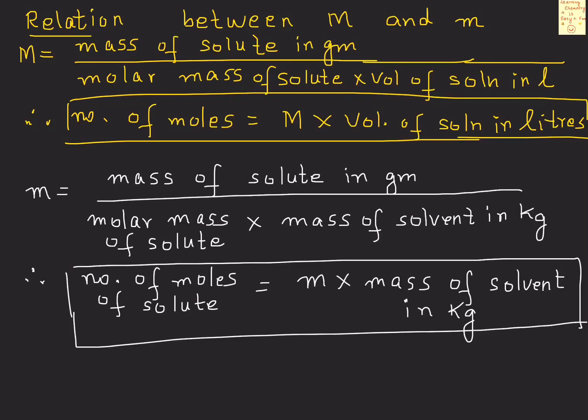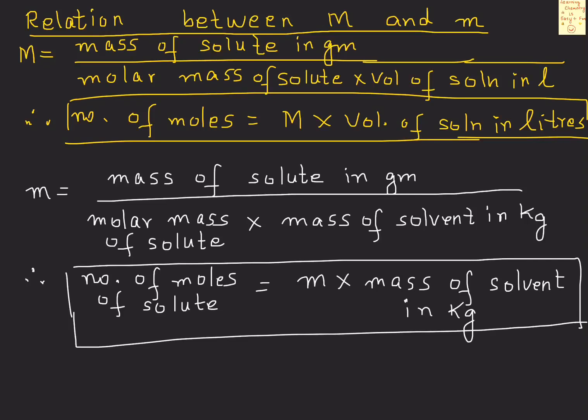We are next deriving a relation between capital M and small m, the big bro and the small bro, right? The big brother here, the small brother. Let's put down the formulas that we have learned till now. M, capital M, is molarity, mass of solute divided by molar mass of solute into volume of solution in liters. Now mass divided by molar mass is what?